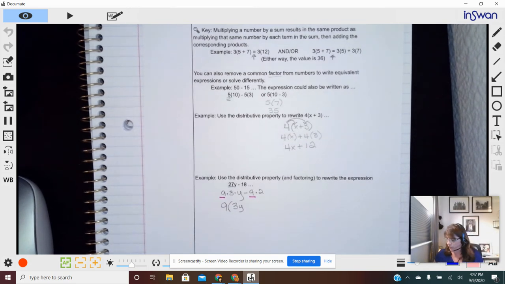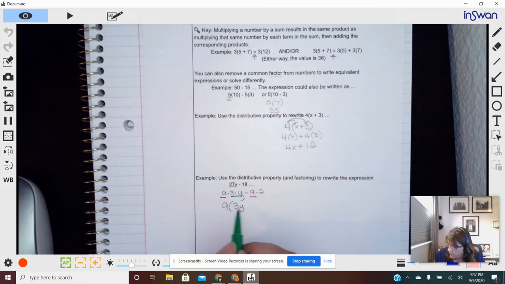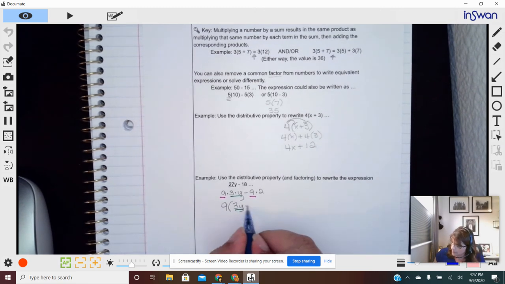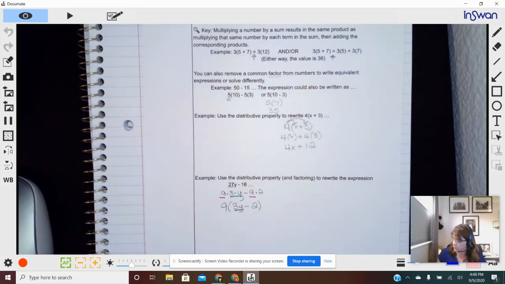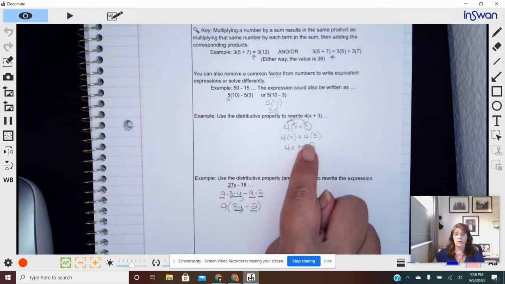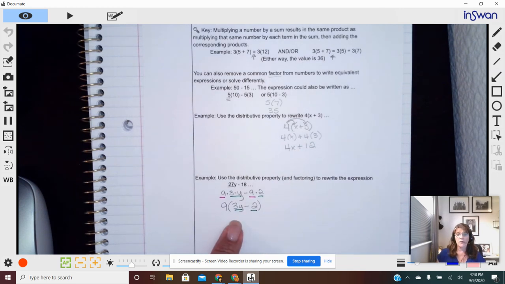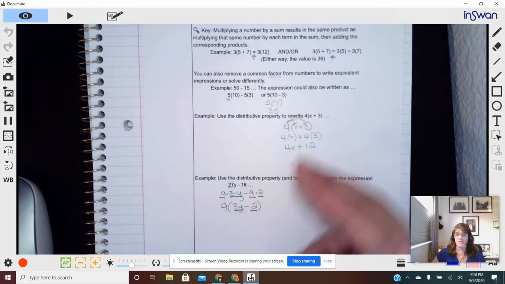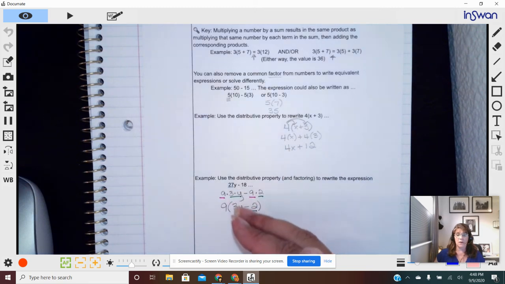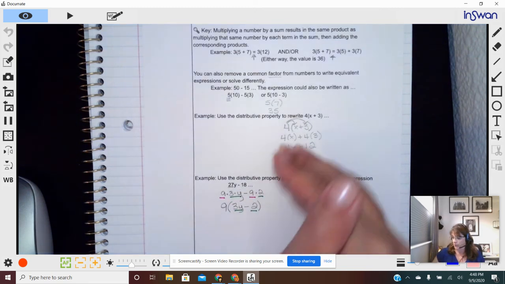Add a little color here for you. Minus 2, because this 2 was left. And if you notice, distributing and factoring are just inverse operations. They are the opposite activities of one another.